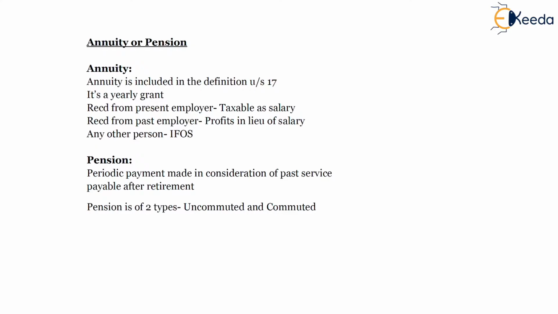So annuity or pension will always be a part of salary and it will be taxable in the hands of the employee under section 17(1). And friends, there is a certain portion which will be allowed as an exemption under section 10 clause 10A, wherein the commuted portion of the pension will be exempted.